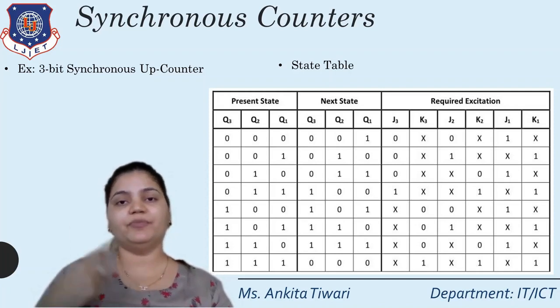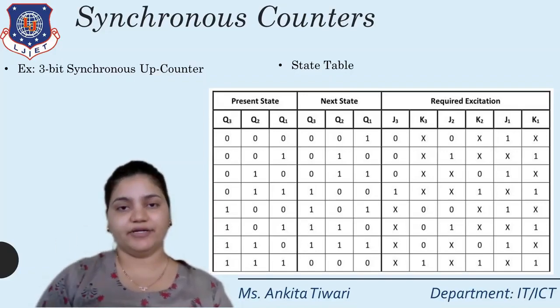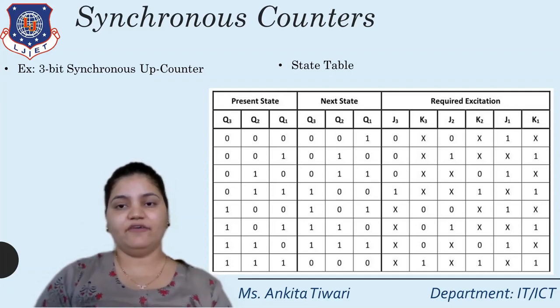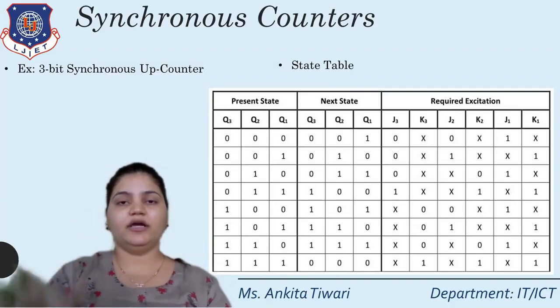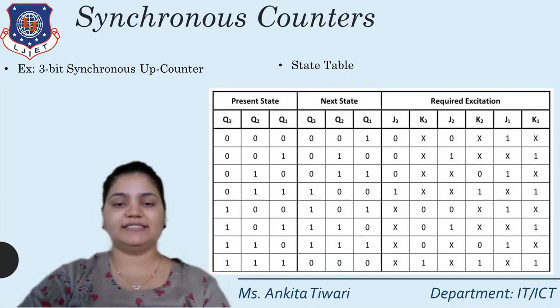In one flip-flop there will be 2 inputs: JK for one bit, JK for another bit, and JK for the third bit. So here 6 entries will be there for the JK flip-flops. Based on the excitation table itself, we will be solving the entries. With respect to present state, next state and the excitation table, the entries will come in the JK flip-flop. So this is what the state table is.